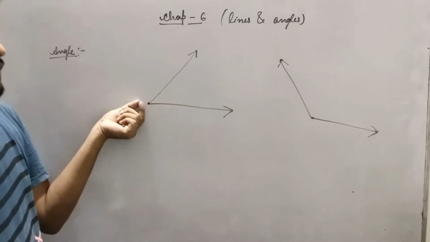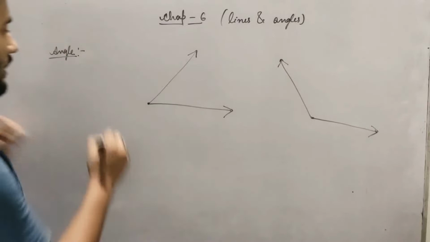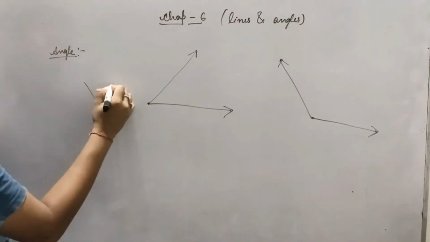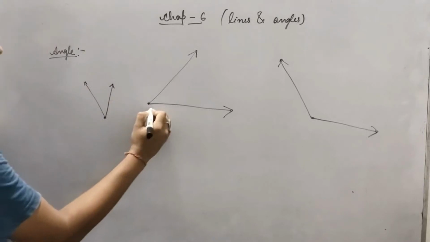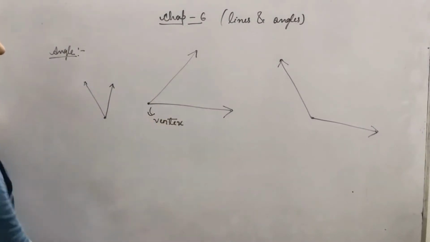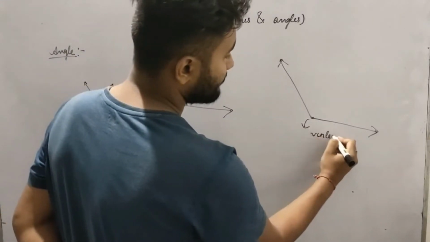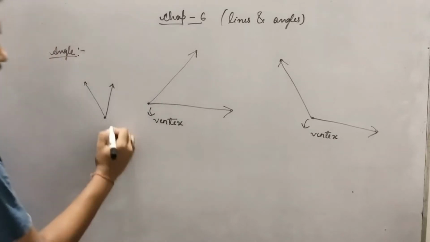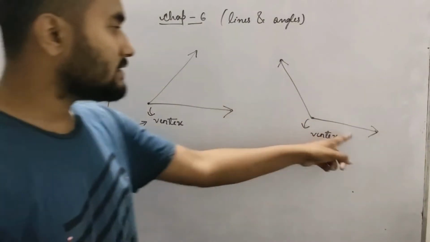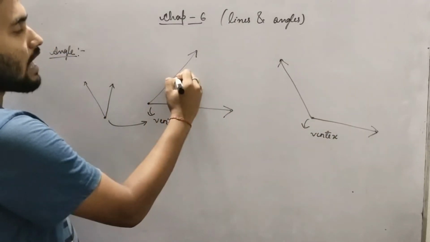The point in which these 2 rays intersect, in any angle, is known as the vertex of the angle. Clear? Vertex of the angle. And these rays will be called arms.